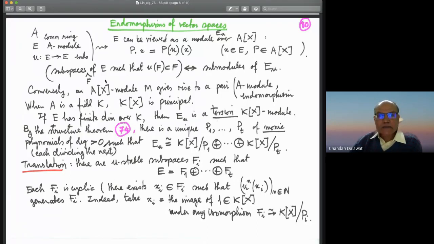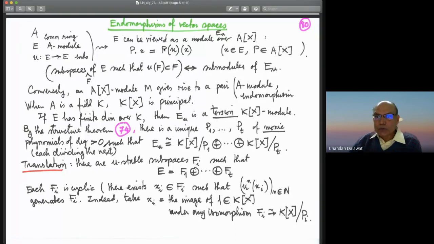So that arises when, for example, you have any commutative ring A and an A module E and an endomorphism U of this A module. Then this E can be viewed as a module E sub U over the polynomial ring A[X]. How do I multiply a polynomial with a vector? X is an element of the module and P is a polynomial in this ring.